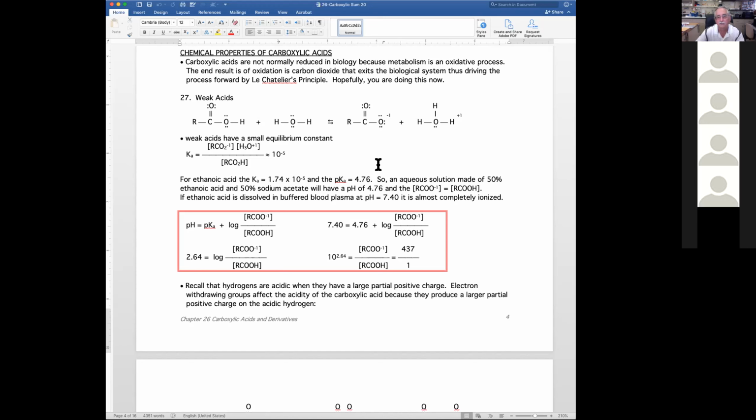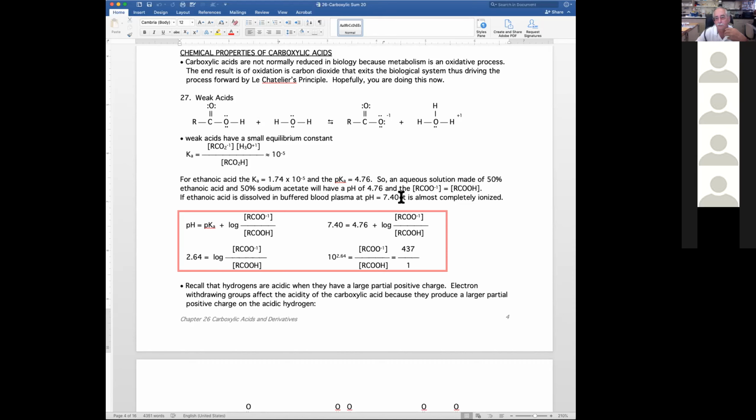So if I made a solution made up of 50% ethanoic acid and 50% sodium acetate, I would have a pH of 4.74. So 4.74, what did I say? 7? Sorry. At pH 7.4, I get a 50-50 mixture of the protonated and unprotonated acid.